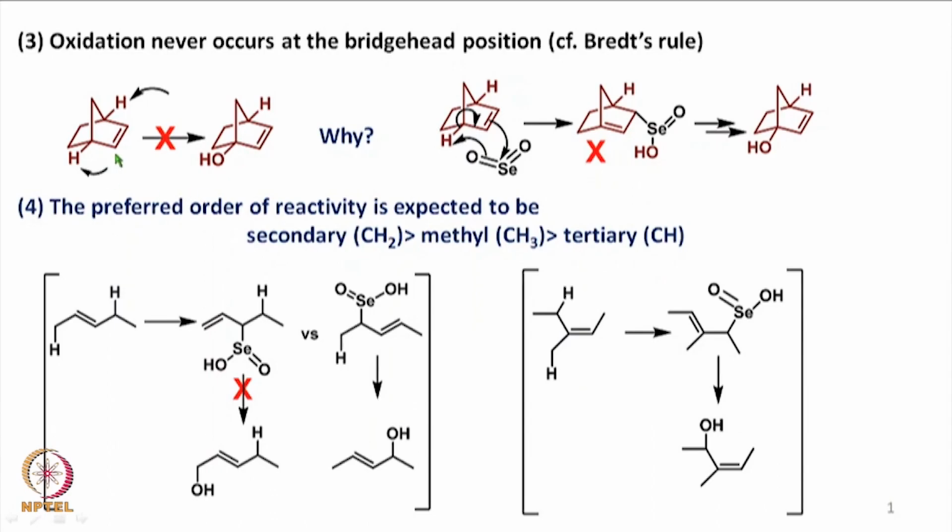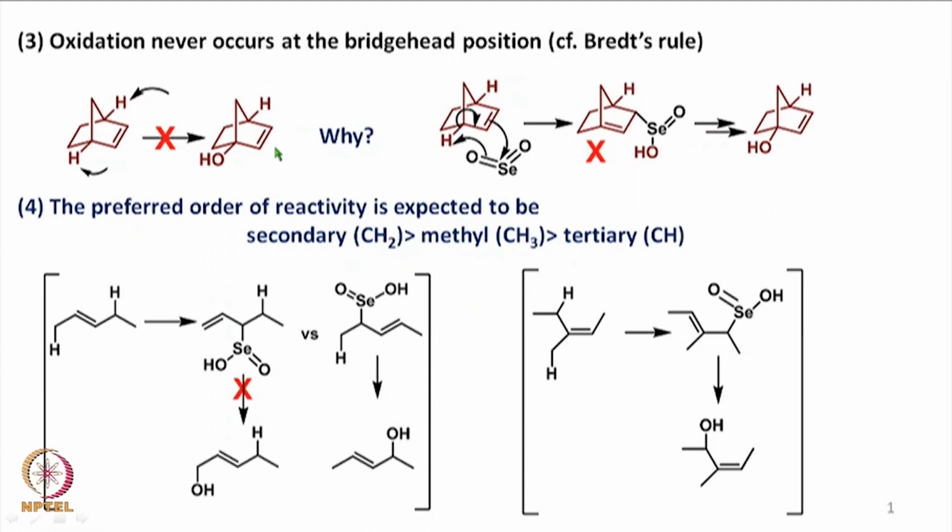rule. If we take a compound of this kind which has two bridgehead allylic hydrogens which are symmetrical, we expect the oxidation with selenium dioxide to give this particular allylic hydroxy compound. But since this hydroxy group is at the bridgehead position, we do not get this molecule.